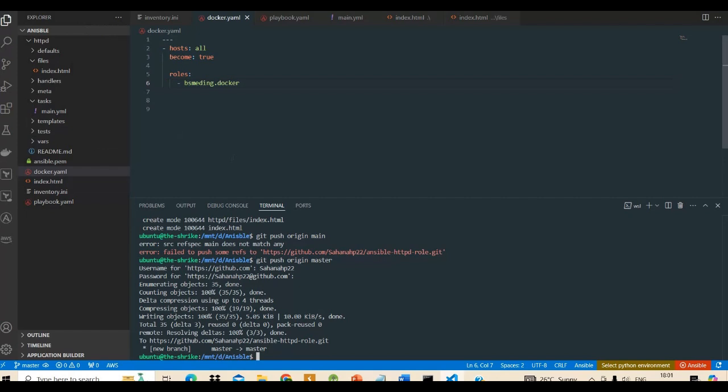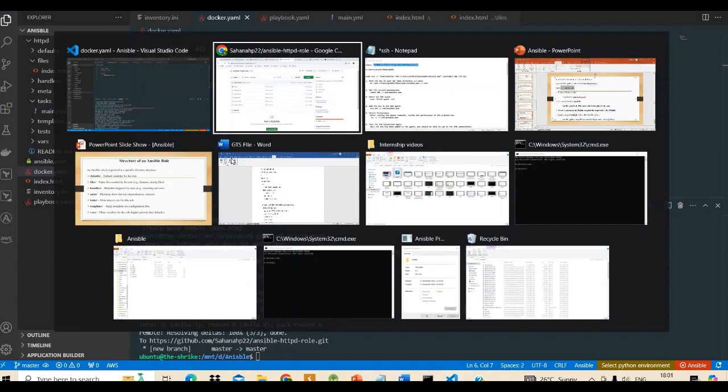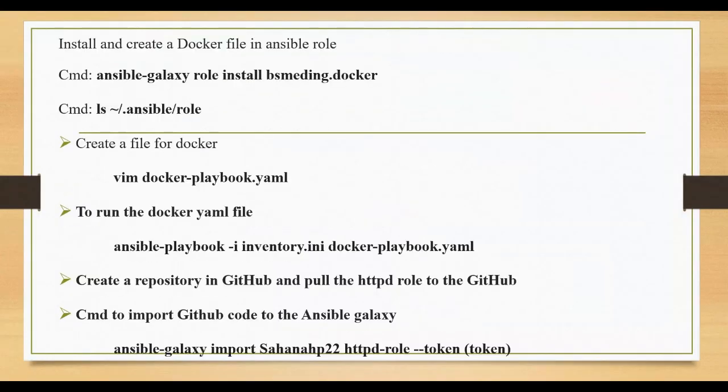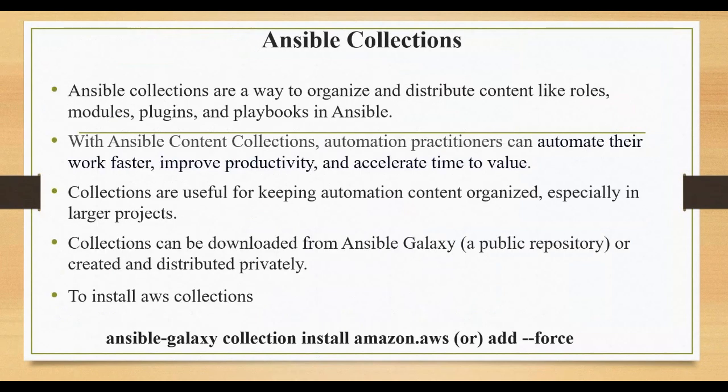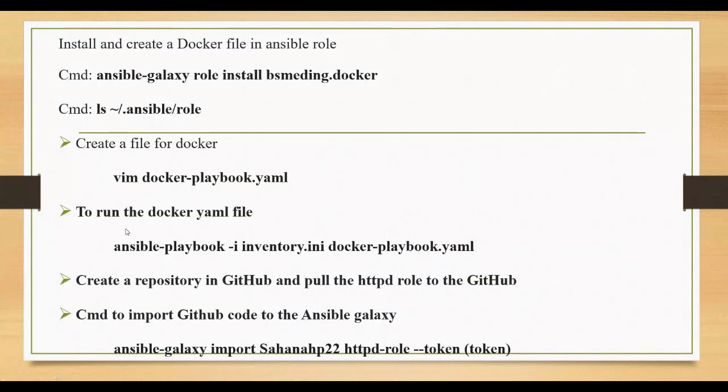The next is the command to run the Dockerfile and the repository. We need to create this and import the GitHub code to Ansible Galaxy.